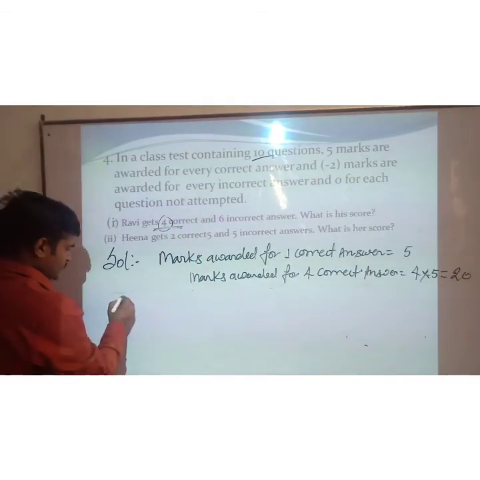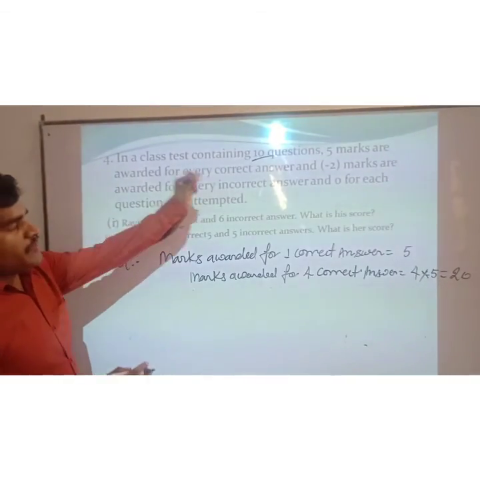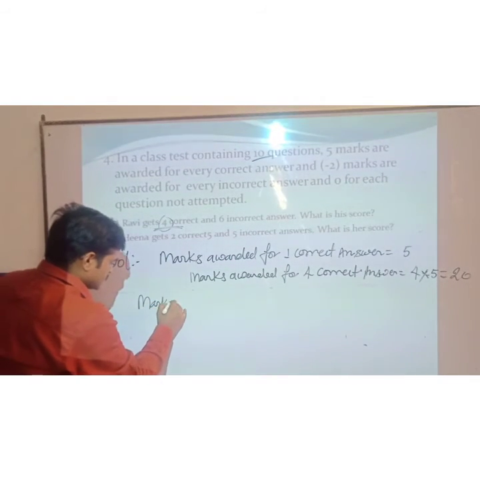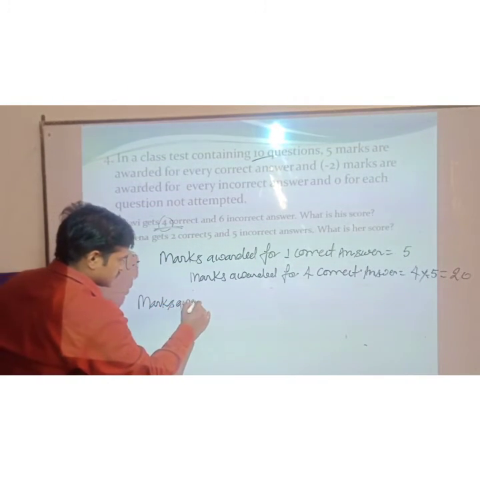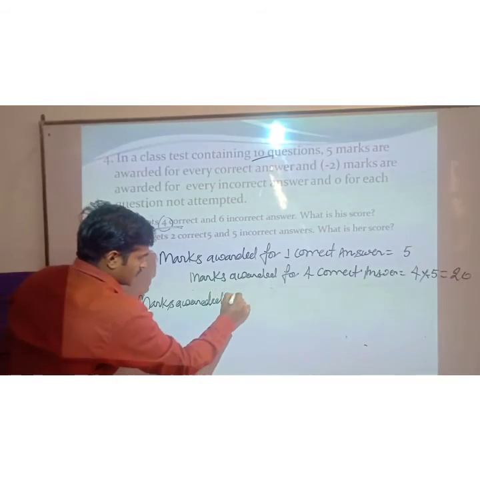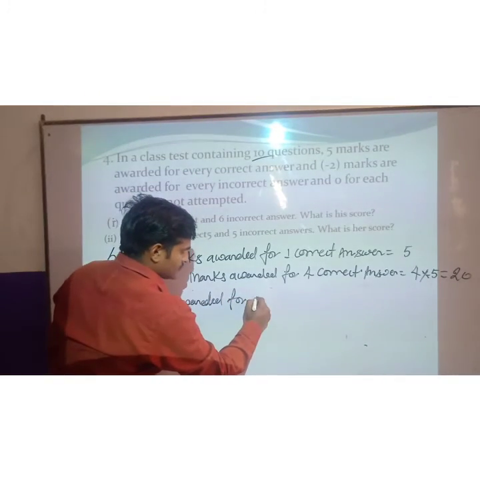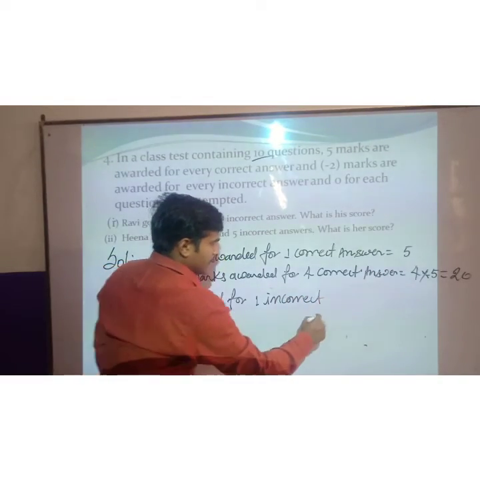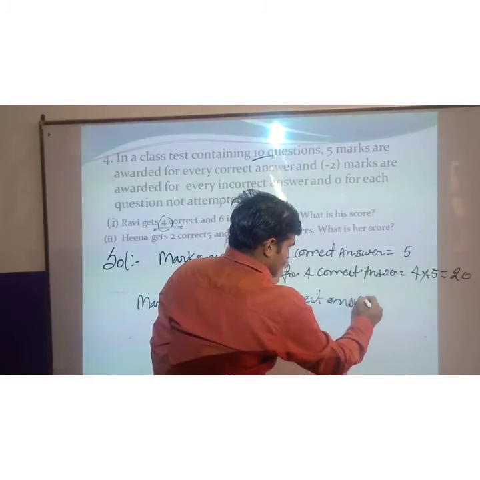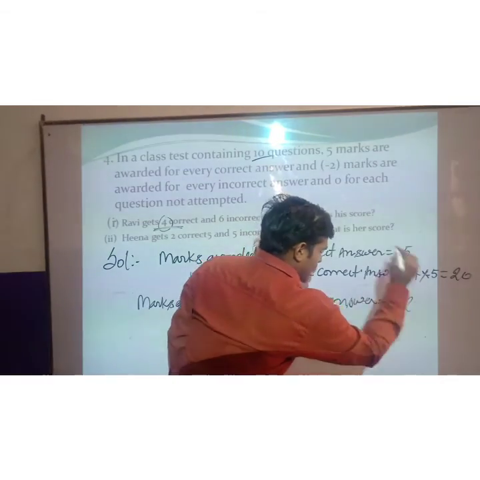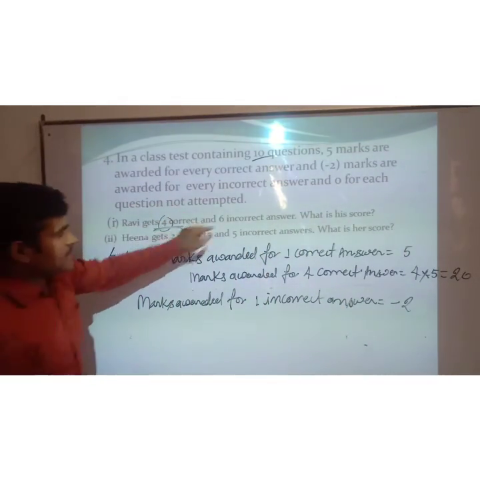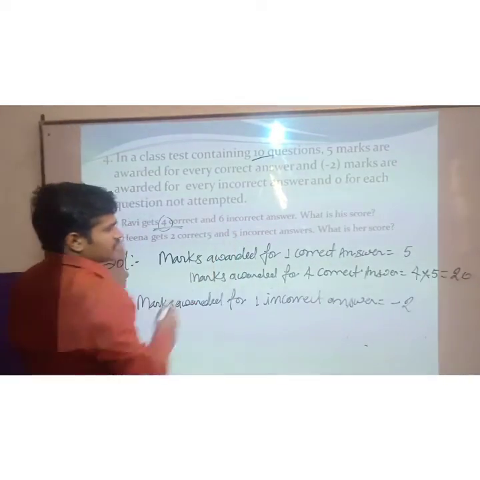Now marks awarded for every incorrect answer. Marks awarded for 1 incorrect answer is equal to minus 2. And here it is given that Ravi has attempted 6 incorrect questions.